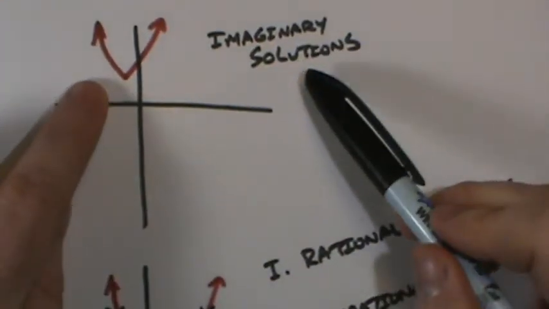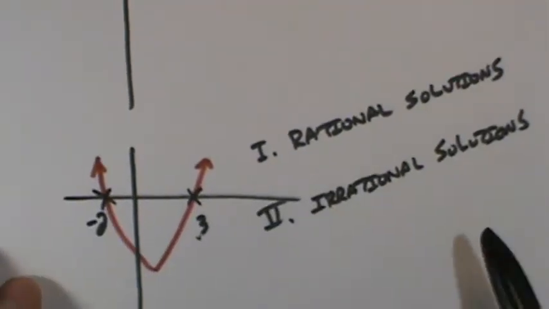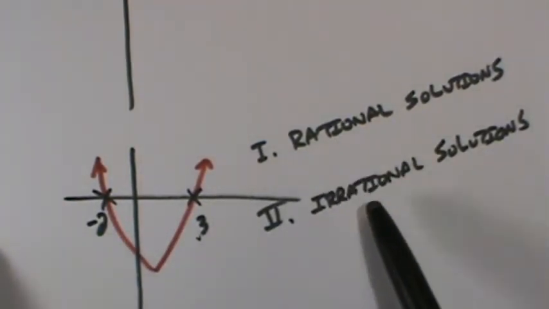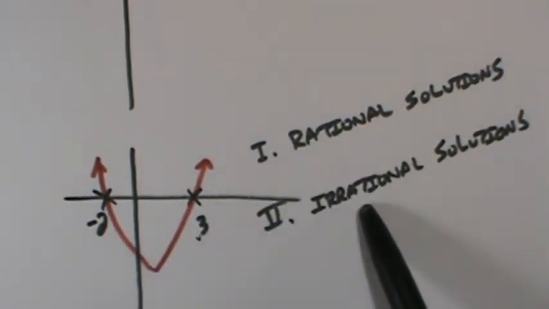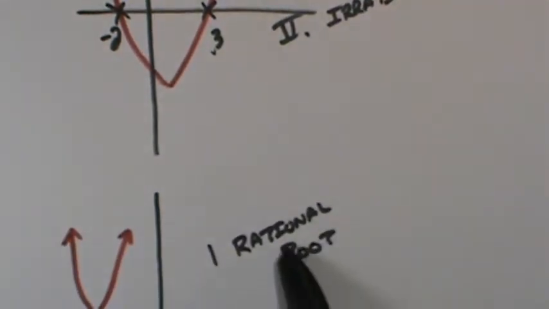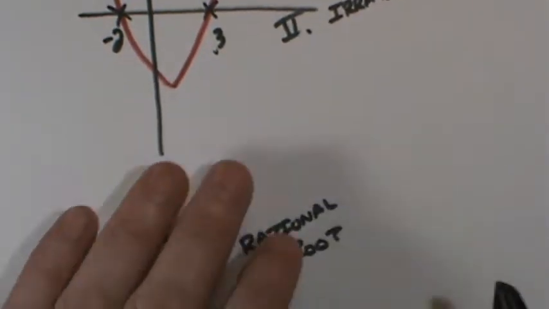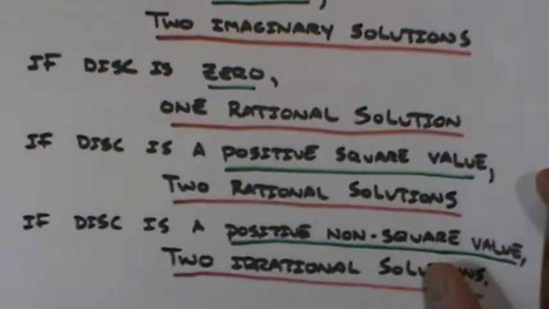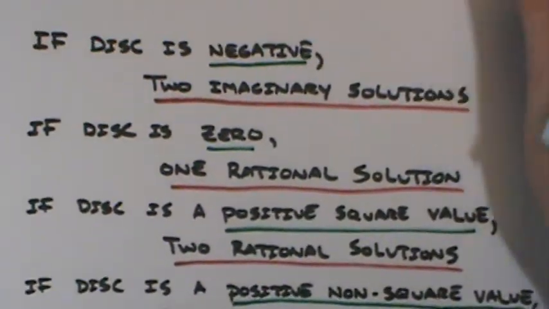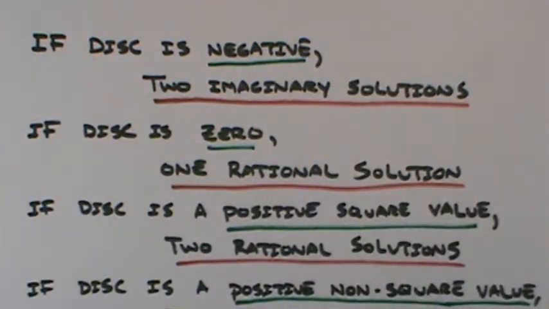So this is just an introduction of what a discriminant would do. You're either going to have two imaginary, two rational, two irrational, or one rational root. Now how to figure this out, I'll show you in a minute, but I want to give you a little chart here explaining what I'm doing before I jump into the math.